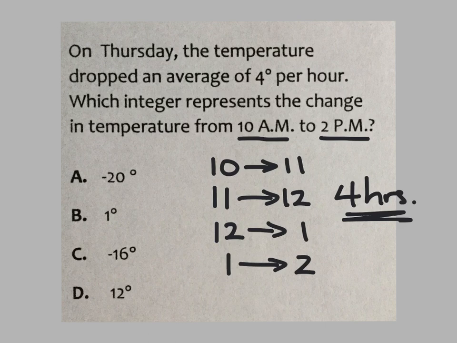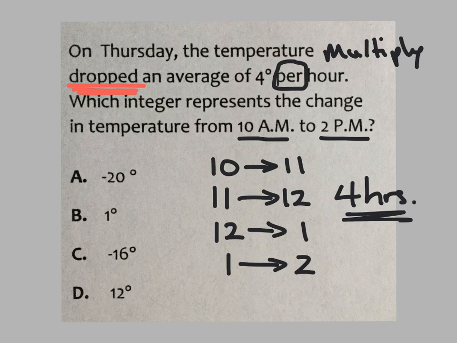Well, if the temperature dropped an average of 4 degrees per hour, dropped means to go down or negative. And you may remember that per usually means to multiply. For each hour that went by, the temperature went down or dropped 4 degrees.